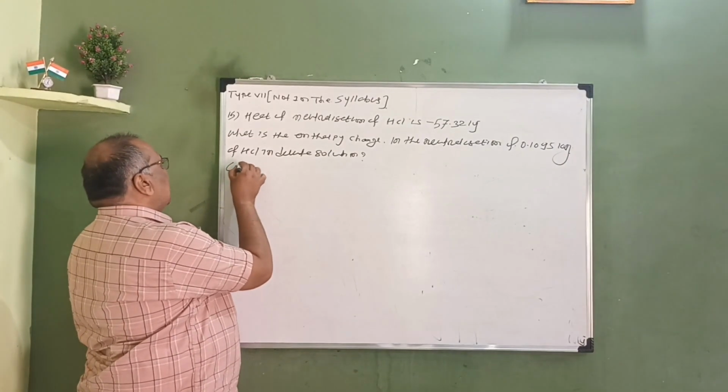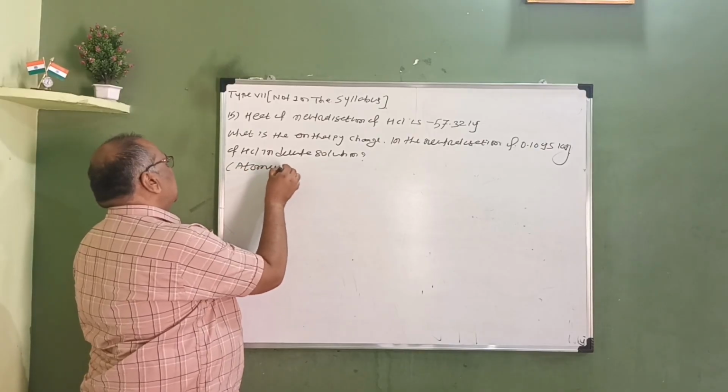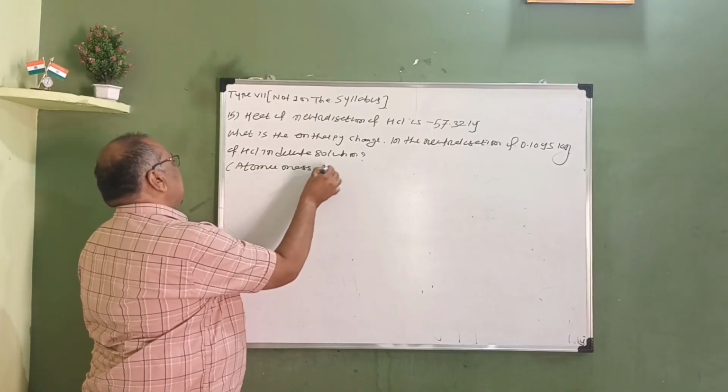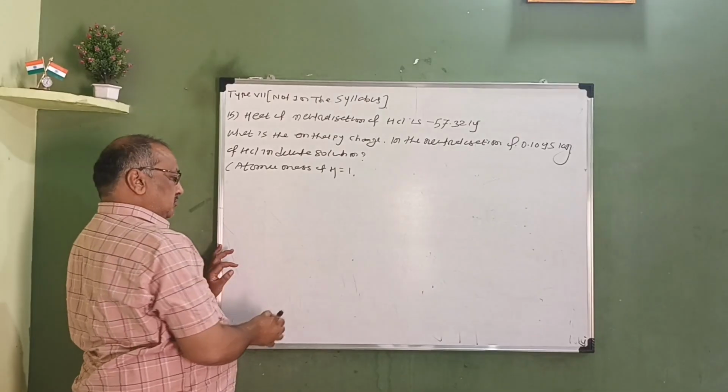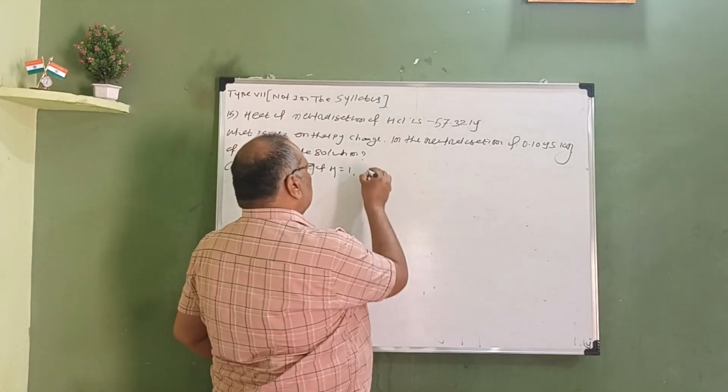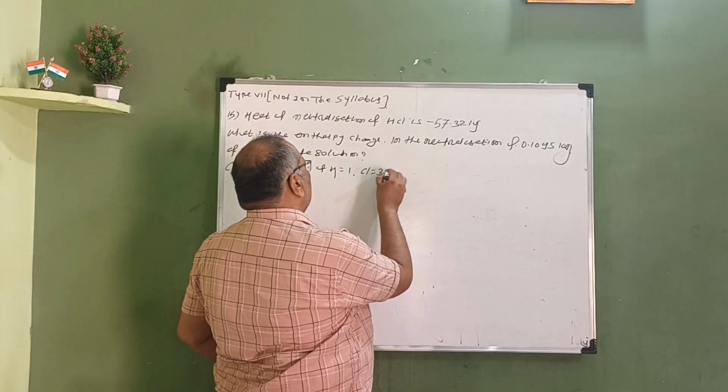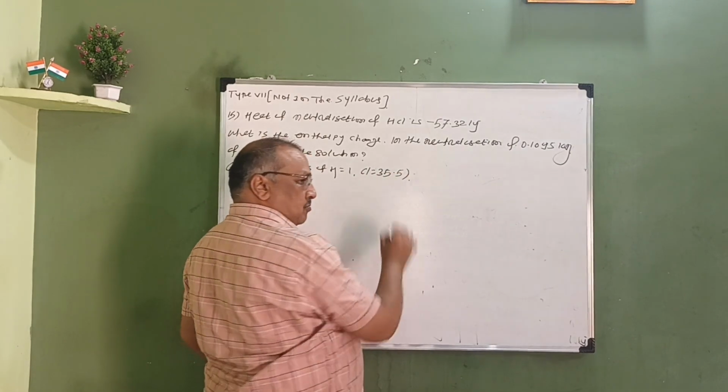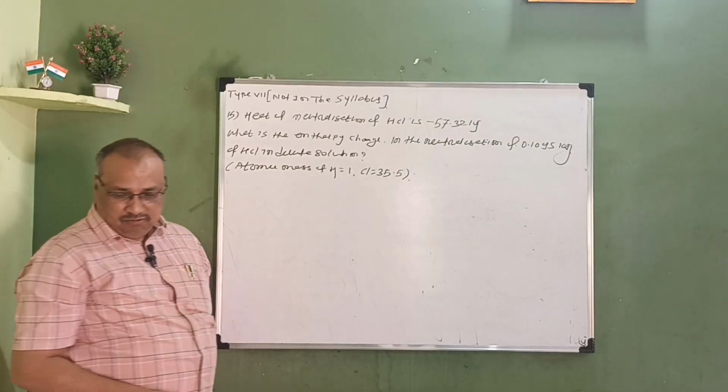Now here atomic mass of H equal to 1 and Cl equal to 35.5.